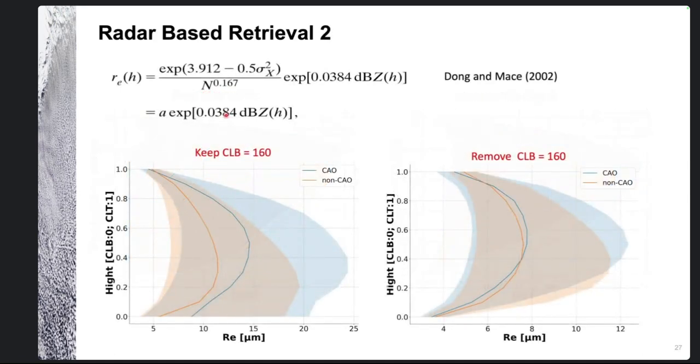Then I chose another algorithm, also based on radar measurements. Dong and Mace in 2002 derived the relationship between the effective radius and the radar reflectivity. Same here, we don't see huge differences.